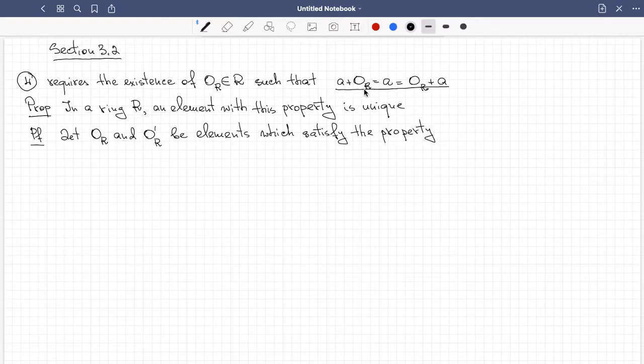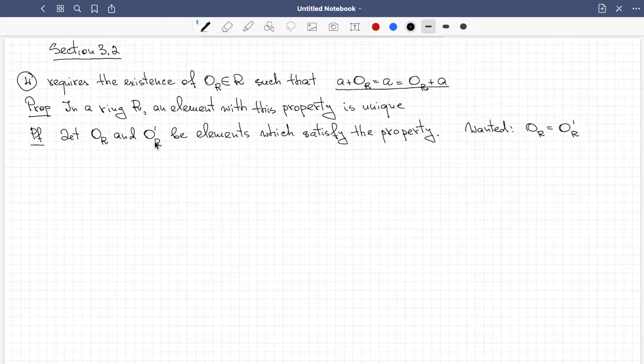This is the requisite property. We want to prove that this is the same element, or 0_R is equal to 0'_R.